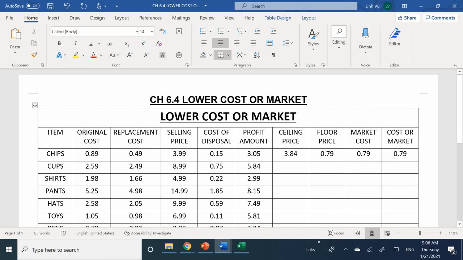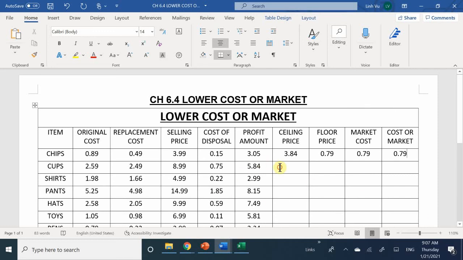When we look at cups, I originally bought them for $2.59, and now the market is telling me $2.49. I originally sell these cups at $8.99, and it's going to cost me 75 cents each to dispose of them. The amount of profit I want to gain is $5.84. So, how am I going to determine the ceiling?